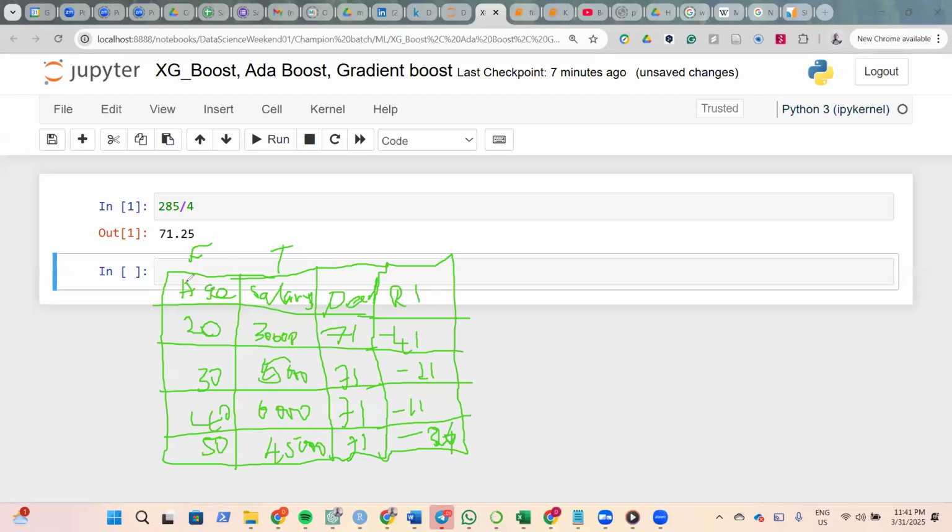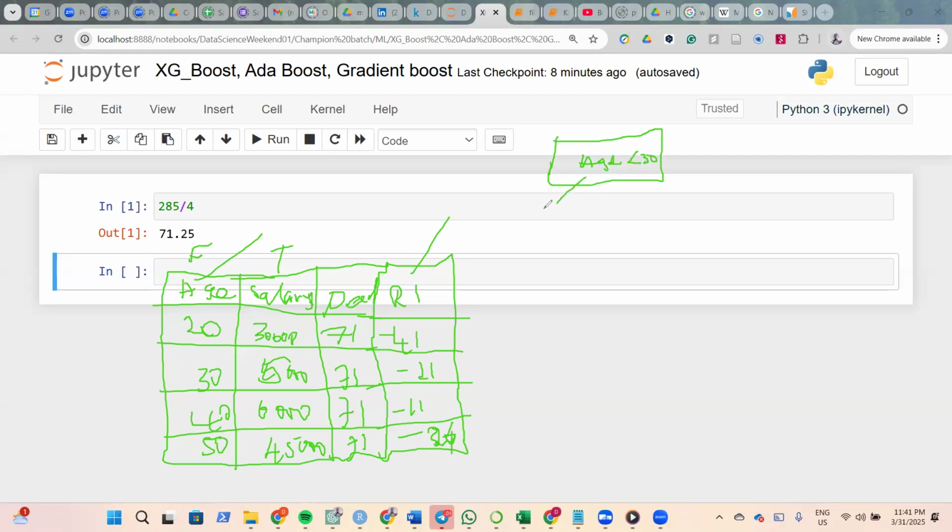And so now we are going to give this data and this residual to model 2. And what model 2 will do is form a decision tree. On that decision tree, maybe let's say age less than 30.